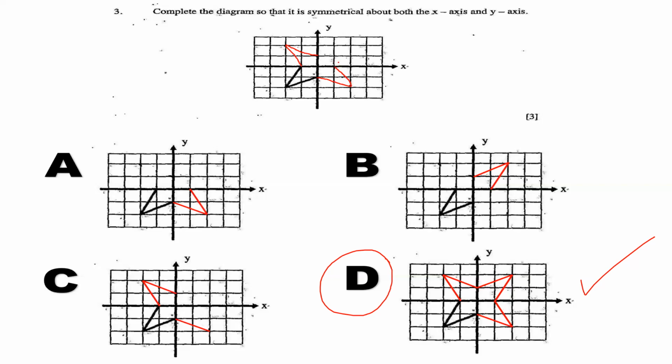Very good. And then you want to extend this out by this much, and then I want to extend that out as well. So it's going to be like this. Basically all you're doing is completing the diagram, making the star complete. So that's how you complete it.